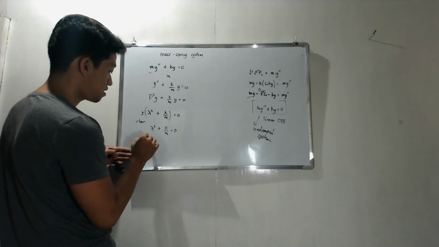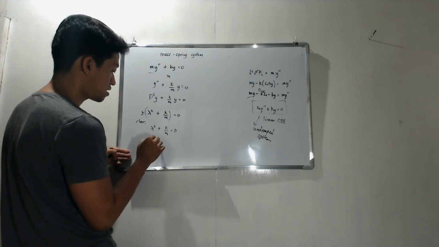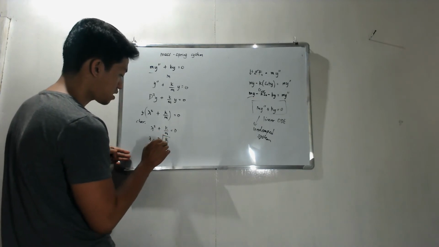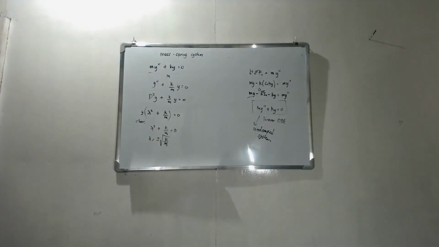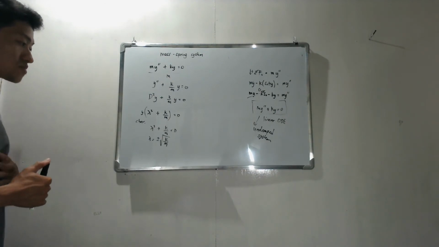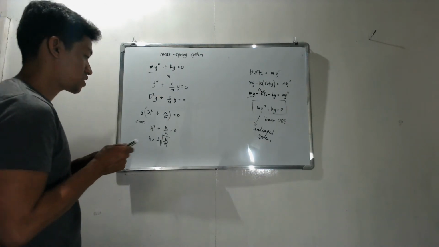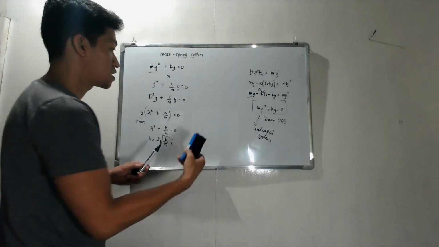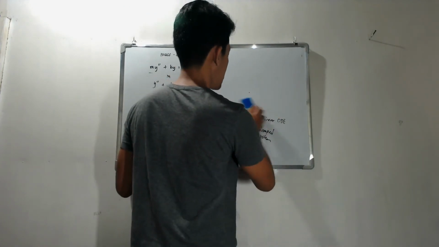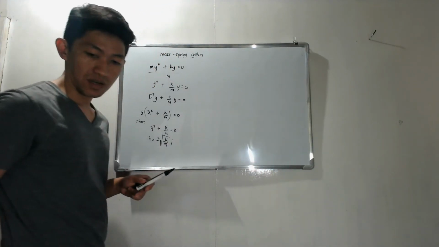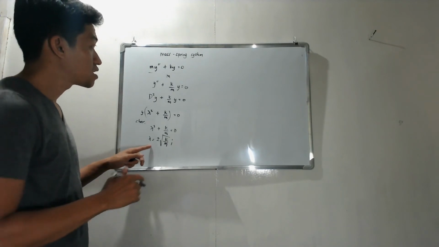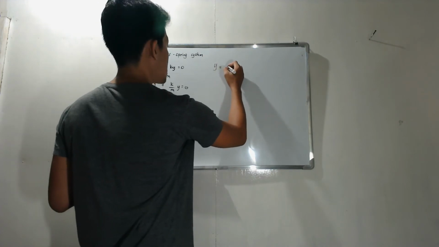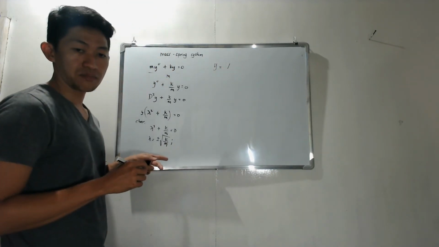So your roots are just positive, negative, square root of k over m, imaginary. So how do you get the general solution? The general solution is just from complex roots.